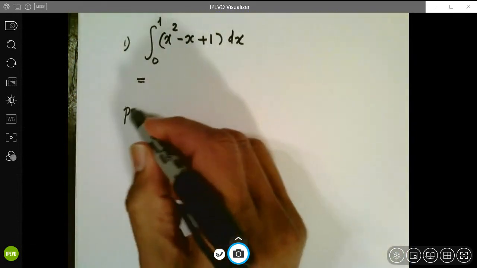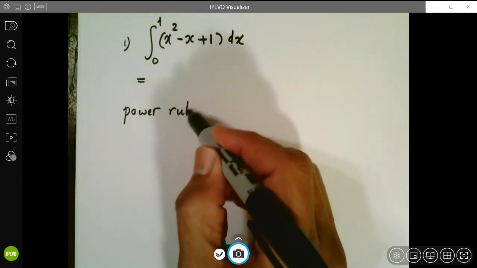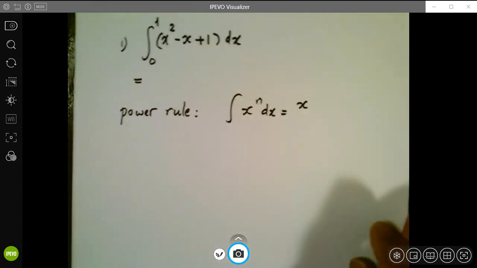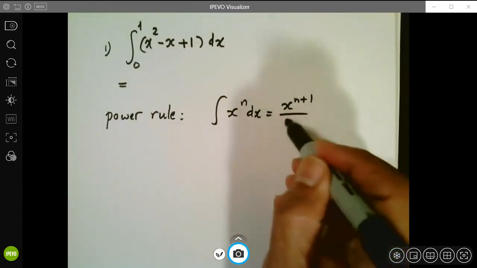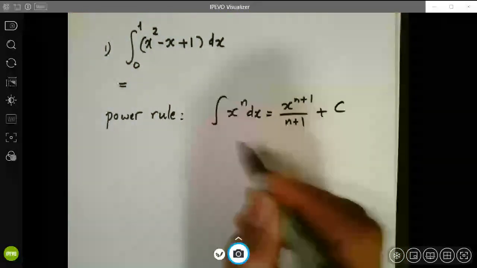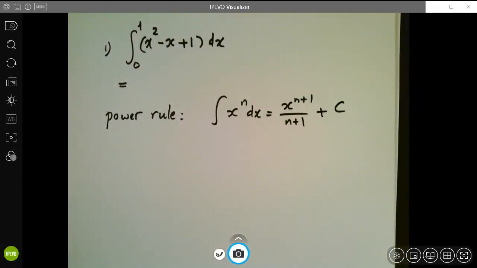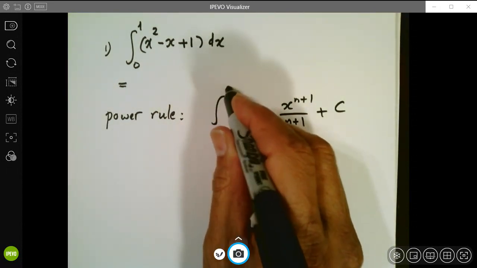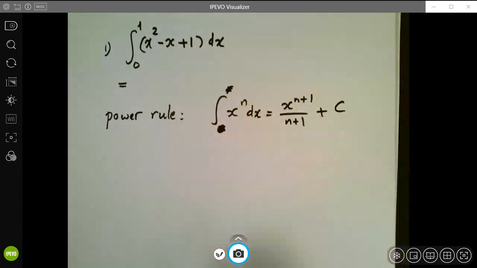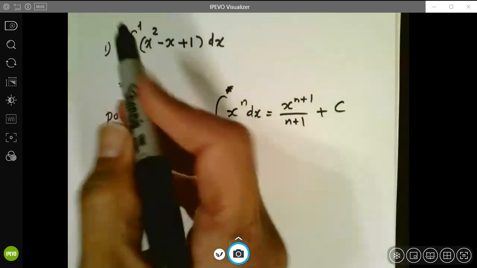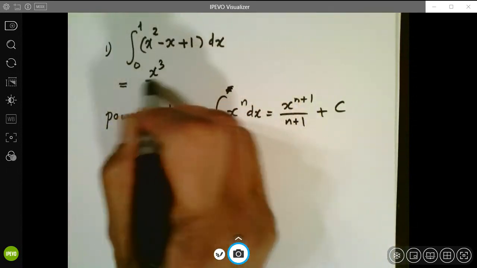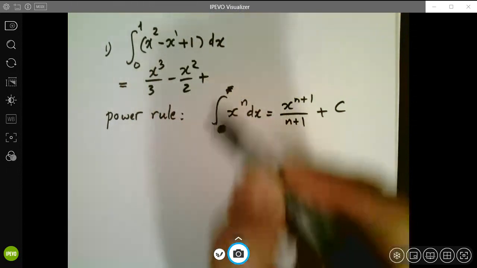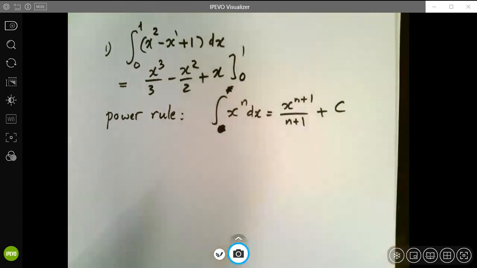Remember, the power rule is telling me, and I always tell my students in Calc 1, this is probably the most important rule for integrals and derivatives also. Okay, now here n is 2, then you will get x cubed over 3. And here it will be just x from 0 to 1.